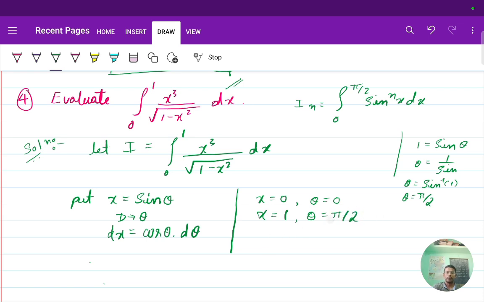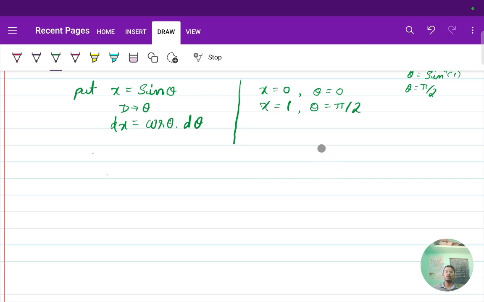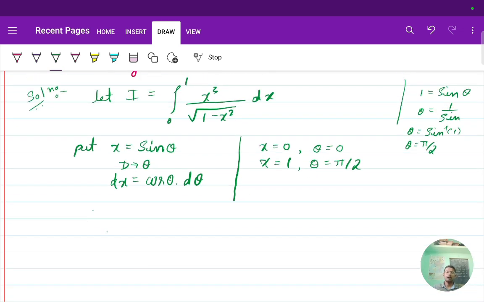Let us substitute these values in equation 1. I is equal to the integration from 0 to pi by 2. When x is 0, theta is 0, and when x is 1, theta is pi by 2.